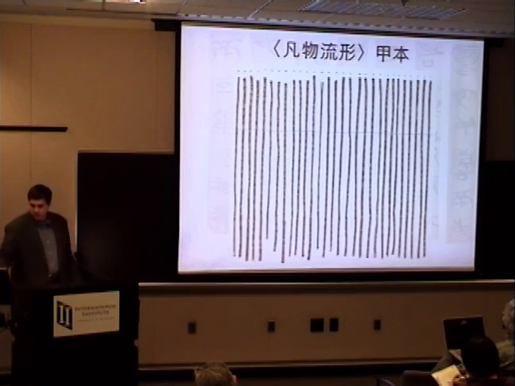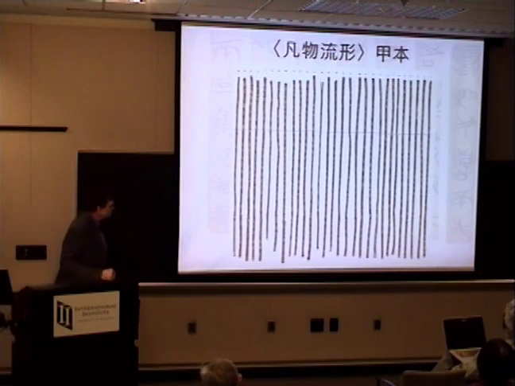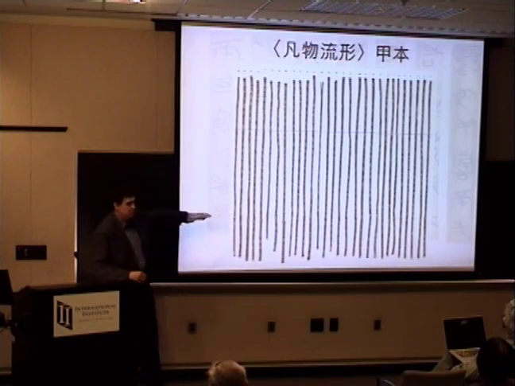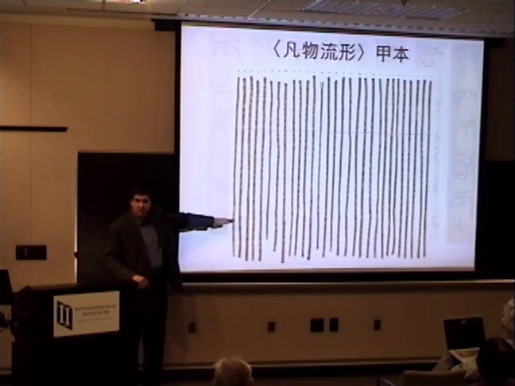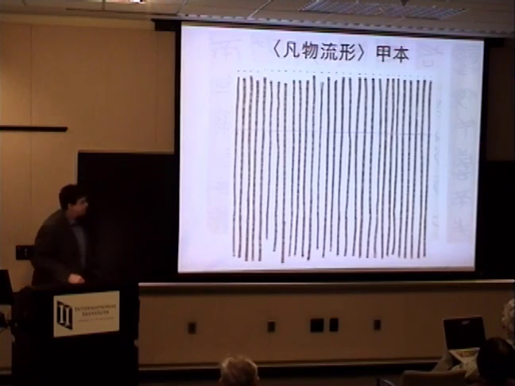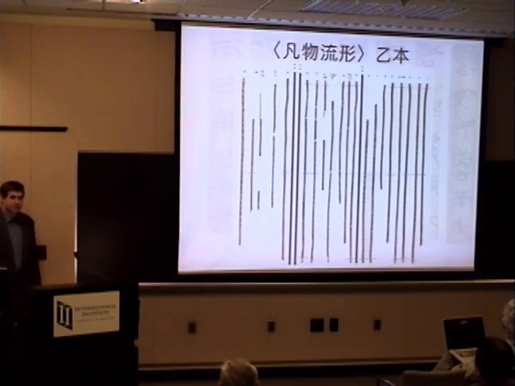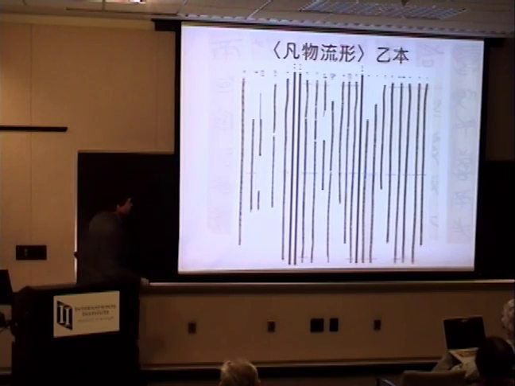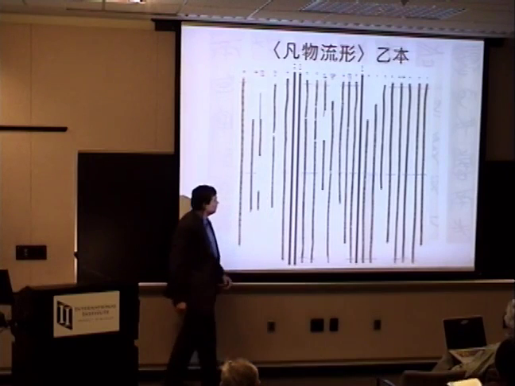And here's the result. See, the A version is pretty much a complete text. There's only a few missing strips, but the nature of the text makes determining the order on the basis of that version alone very, very difficult. The second version is in quite a state of disarray, and you can see there are three strips that are missing entirely from the text.